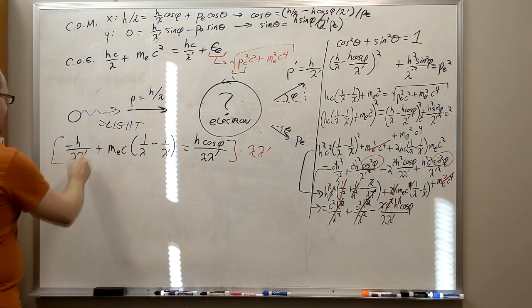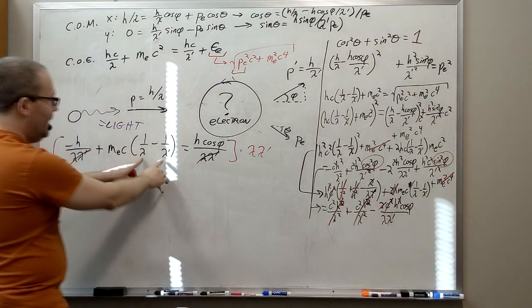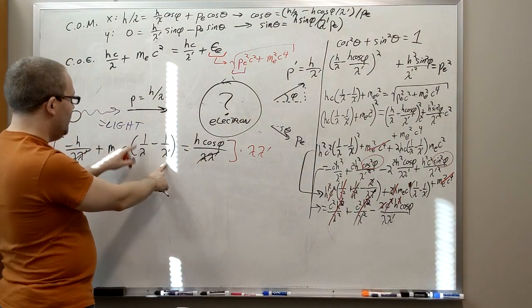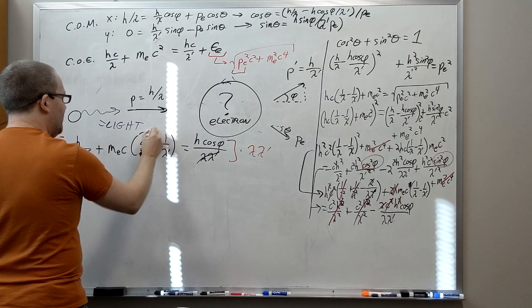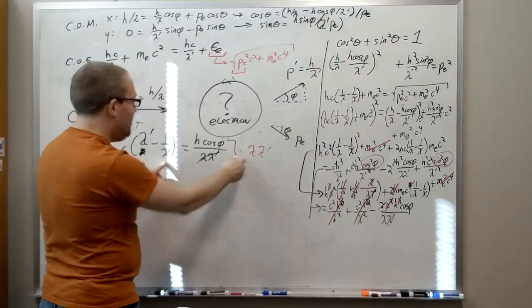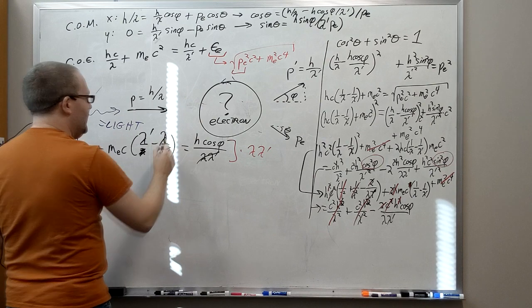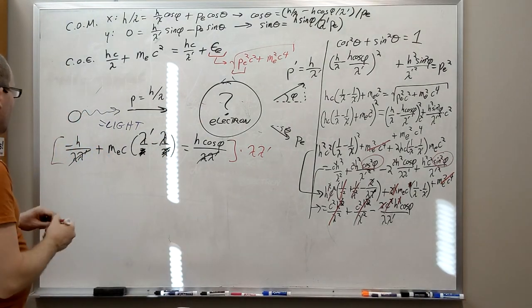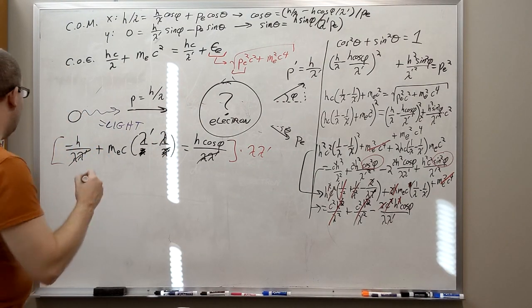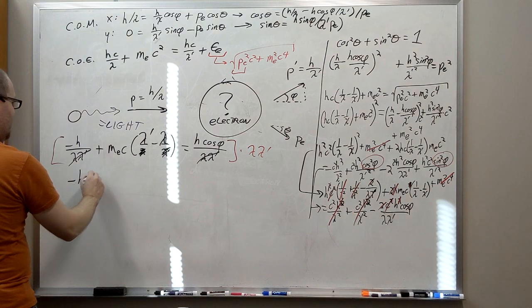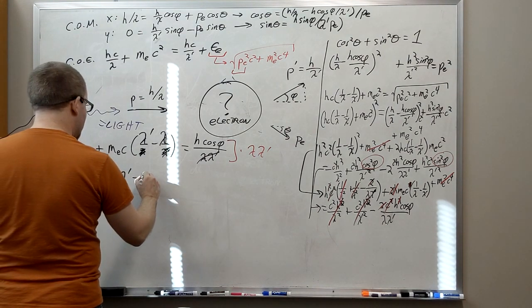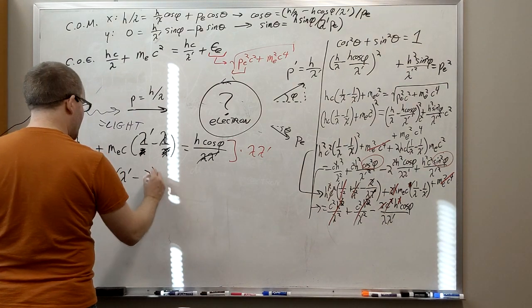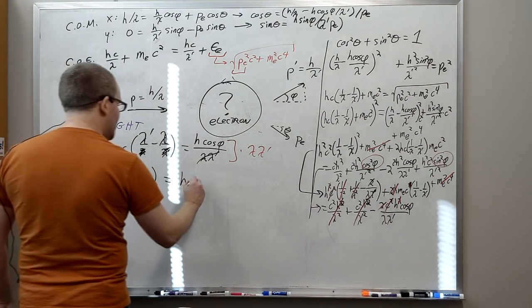That will get rid of this, that'll get rid of this, and that'll turn this, instead of 1 over lambda, this lambda and this lambda will cancel. That will give me a lambda prime. This lambda prime cancels. That will give me a lambda. Hooray. So I will have here a negative h plus m_e c times lambda prime minus lambda, going to equal an h cosine phi.